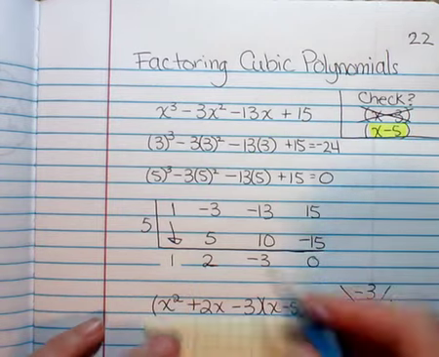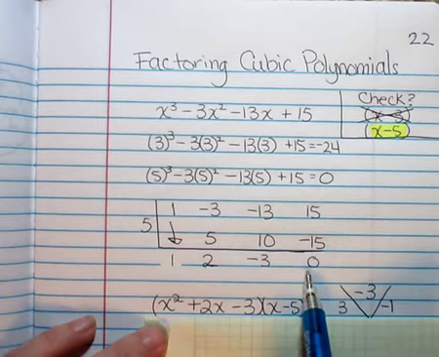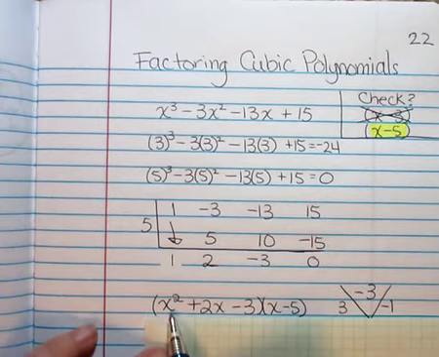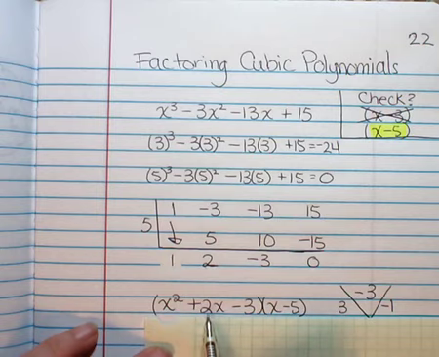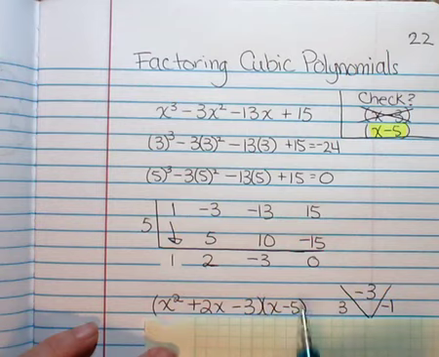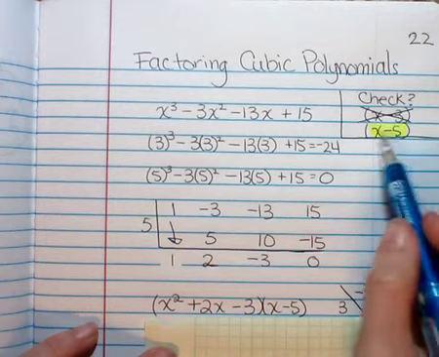So now we need to rewrite the solution that we found as 1x squared plus 2x minus 3, and we're going to take all of that times the thing we were dividing by, x minus 5.